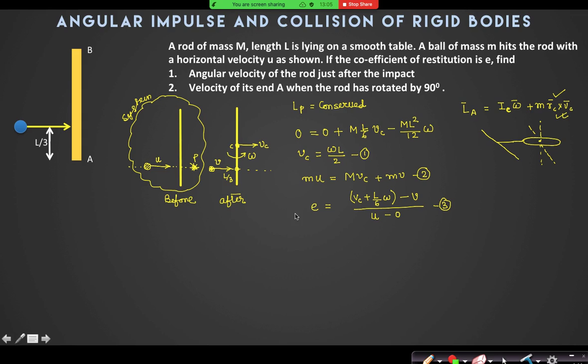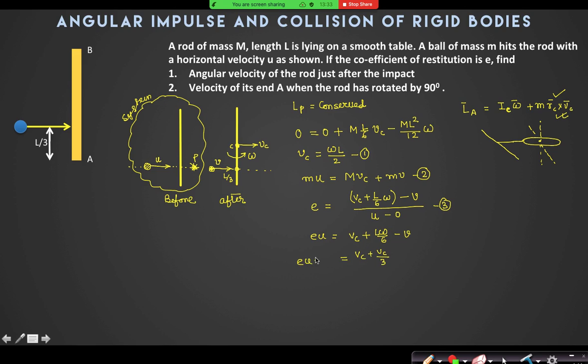So with these three equations, now I can solve the question. From here I can say E into U is equal to Vc plus L omega by 6 minus V. Now L omega by 6 is equal to Vc by 3, so Vc plus Vc by 3.